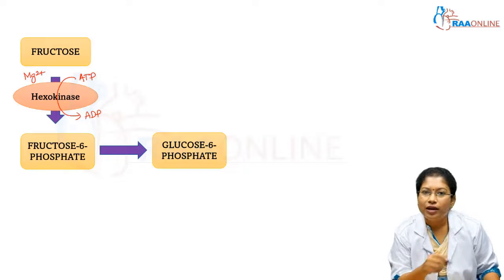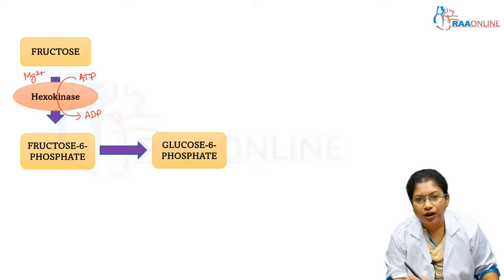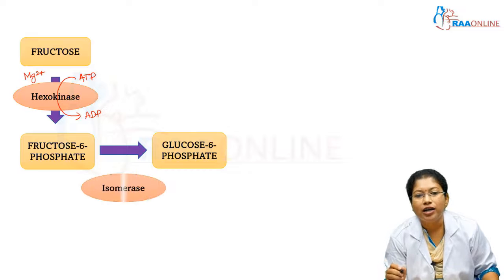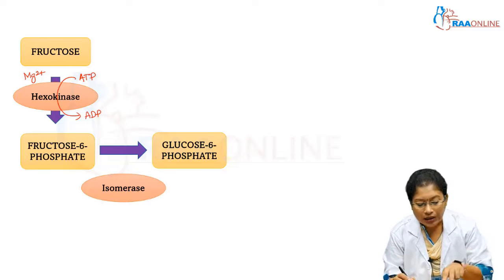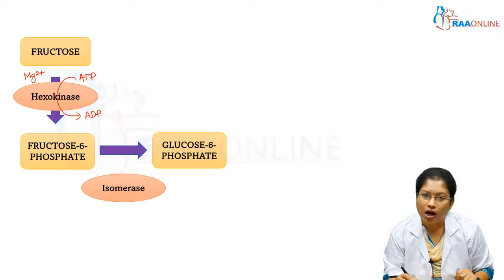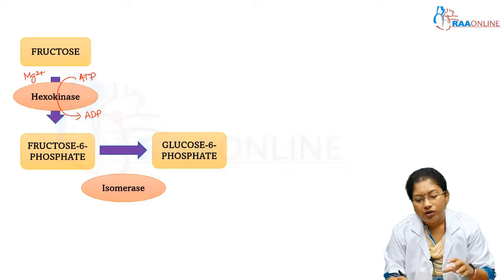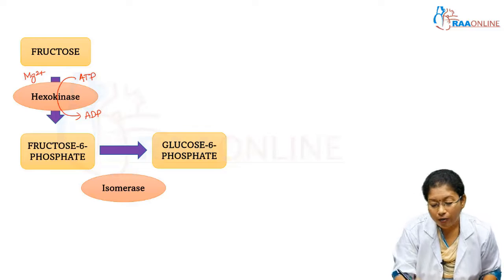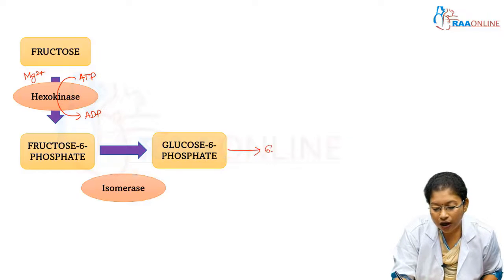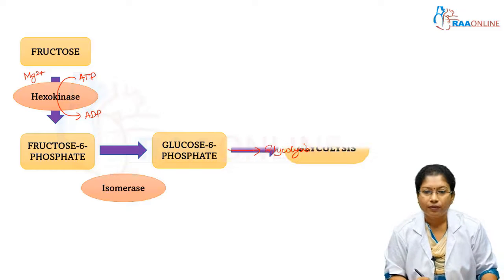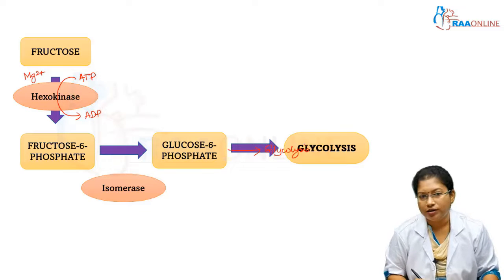Fructose 6-phosphate is then converted to glucose 6-phosphate by an enzyme called isomerase because these two compounds are functional isomers. What happens once glucose 6-phosphate is produced? It has many fates and mostly it goes into glycolysis.